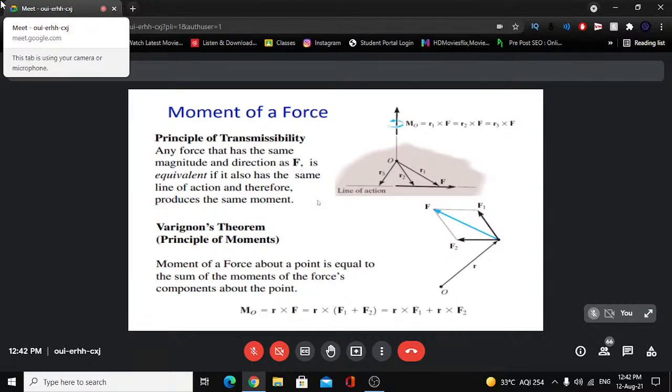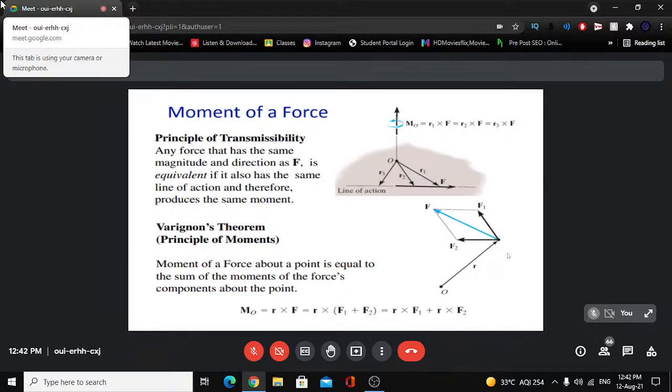Now there is another very important principle, that is Varignon's theorem, the principle of moments. In this case, suppose we have a force vector F drawn using a blue line, and its position vector is R from O, and R and F are both in the same plane. Then the moment produced by F about O, perpendicular to the plane of F and R, will be R cross F. And as we know the vector summation relation, F is F1 plus F2, so R cross F1 plus F2.